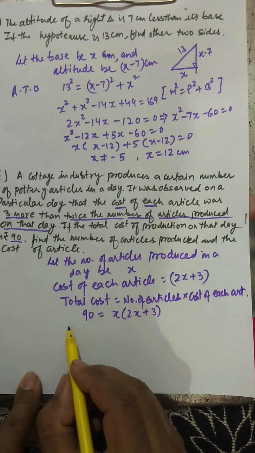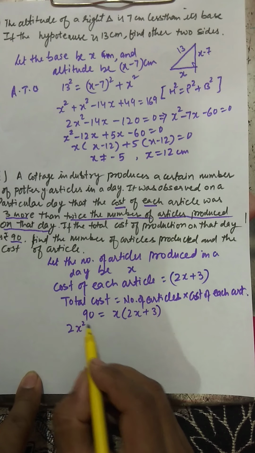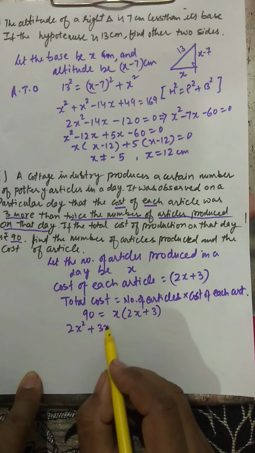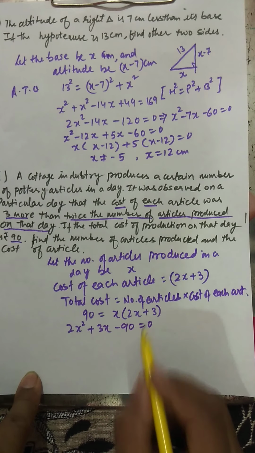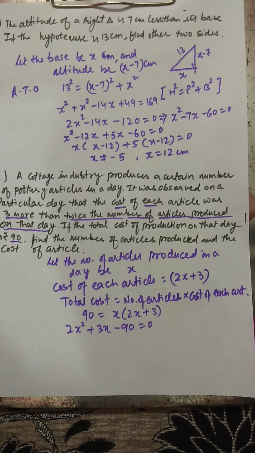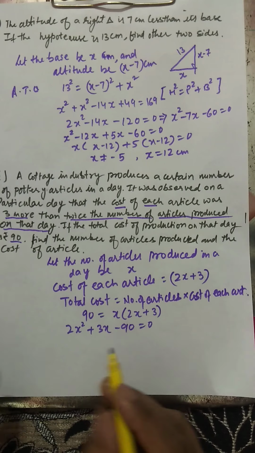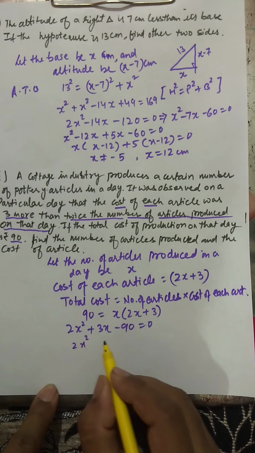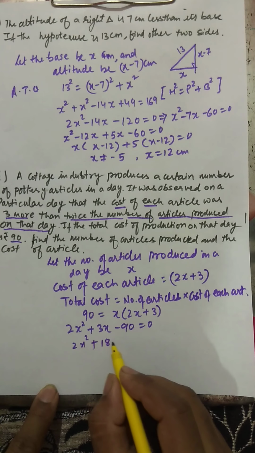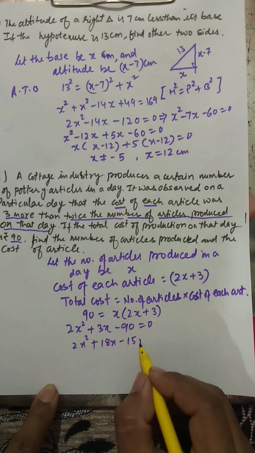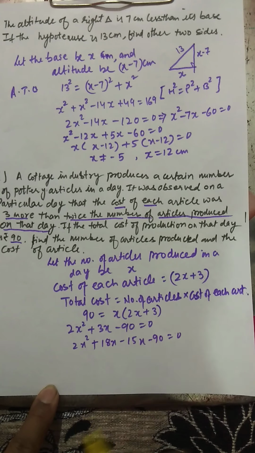So we'll simplify this. This will become 2x square plus 3x minus 90 equal to 0. So you have to simplify this, and so you do the middle term splitting. 2 into 90 will be 180. So 2x square, this can be written as 18x minus 15x minus 90 equal to 0.